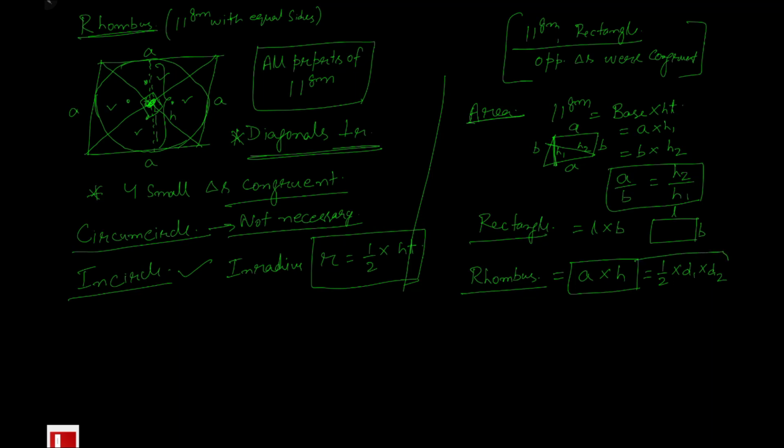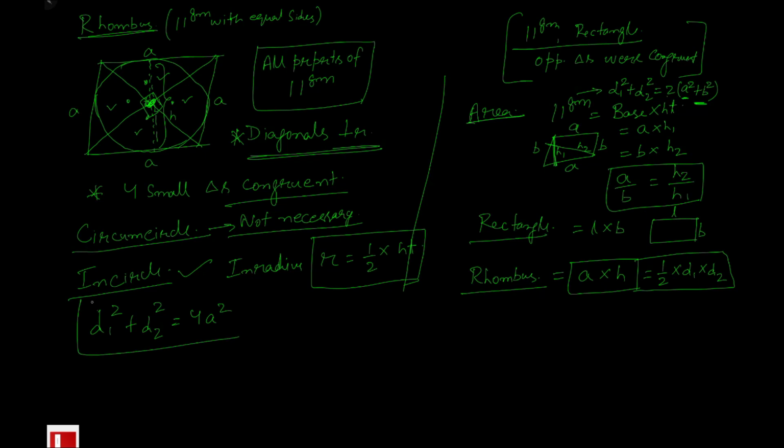Okay. Rhombus area is also like this. And in case of parallelogram, we have seen that D1 square plus D2 square is equal to 2 times A square plus B square. So in case of rhombus, can you see that D1 square plus D2 square will be equal to 2 times A square plus A square? So it is 4A square.